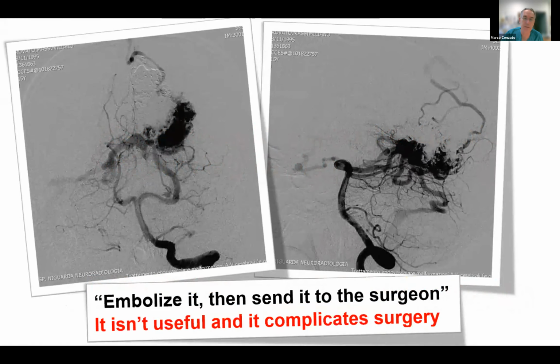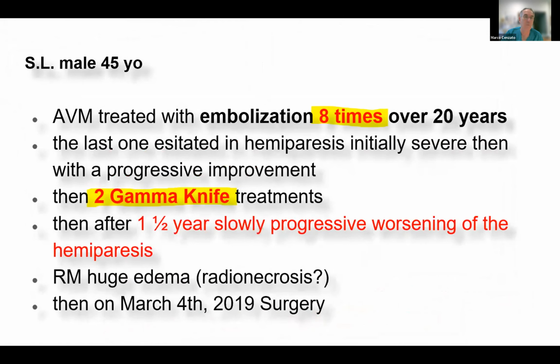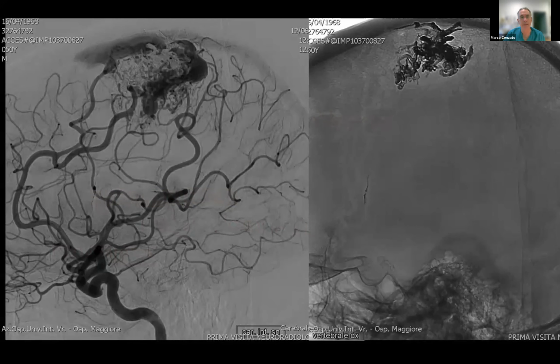So I want to show you this patient. This was a 45-year-old young man that had 8 embolizations over 20 years, then 2 gamma knife treatments. And after 8 embolizations and 2 gamma knife treatments, the AVM was not occluded. Of course, an AVM like this is a scary AVM, an eloquent AVM.